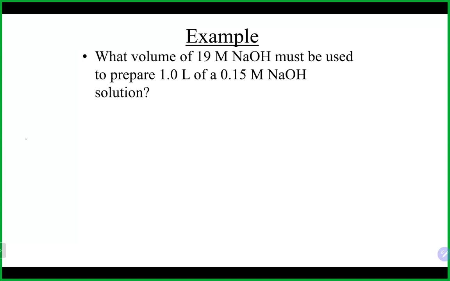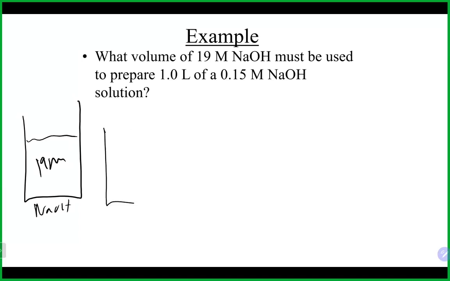So really what we've got going on here is a wonderful drawing of a more concentrated 19 molar sodium hydroxide solution. We basically want to make a whole other solution that has a volume of 1 liter. I'm also going to put 1,000 milliliters there, which is the same, and has a molarity of 0.15 molar. So the idea here is we've got a couple pieces of that information.